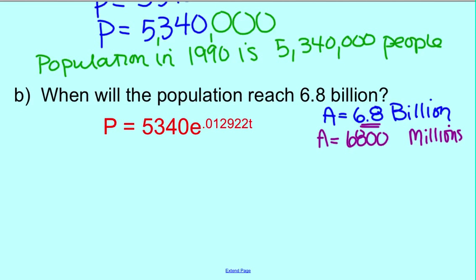And we're going to substitute that into our formula. And where that goes, it's your end amount. And we're going to solve this for t. t is our unknown.